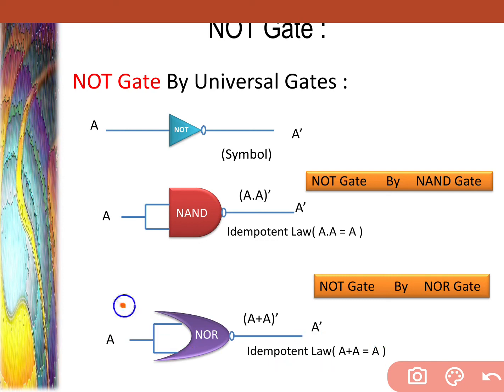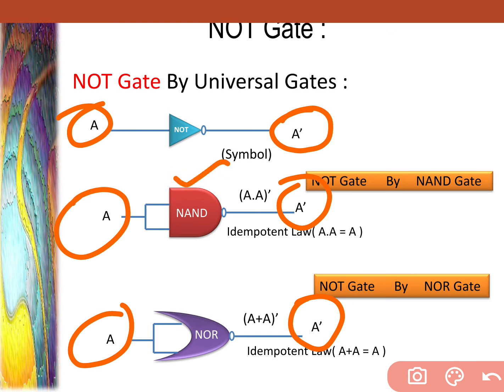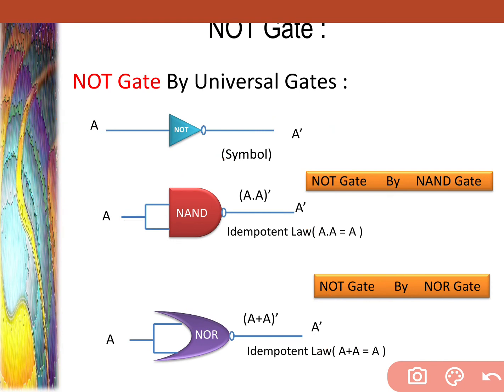It means one input, one output. See, the funda is the same, and we have done it using NAND and NOR. You have to remember this funda because we have to use all these things further.